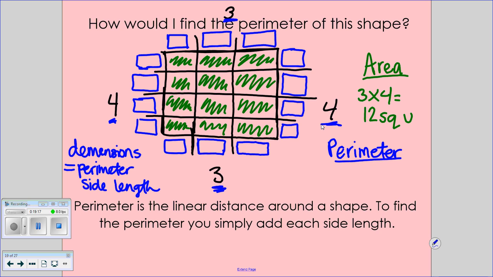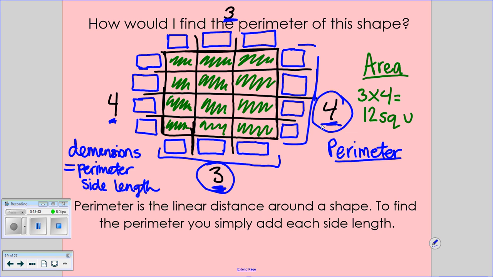Exactly what Brian just said. The dimension down here was 3, and you drew 3 boxes. The dimension over here is 4, and you drew 4 boxes. That dimension will tell you how many perimeter boxes go on that side. Your dimension tells you the side length. It already tells you that.